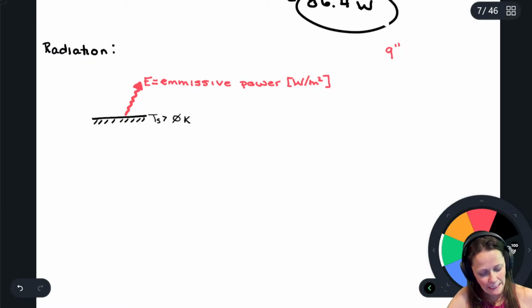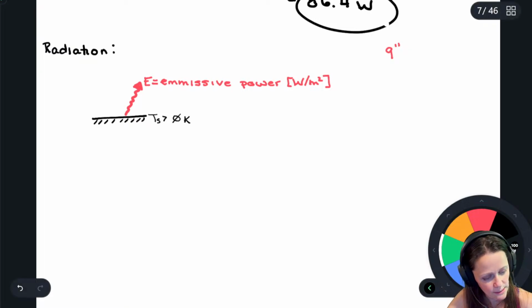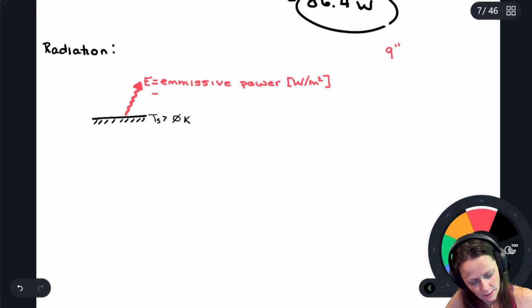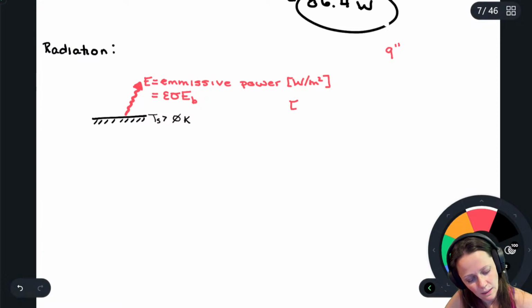So any body that is above absolute zero will emit radiation. And the amount of radiation is going to be given by emissivity, epsilon, times sigma times E_b. So E_b is the emissive power of a black body.